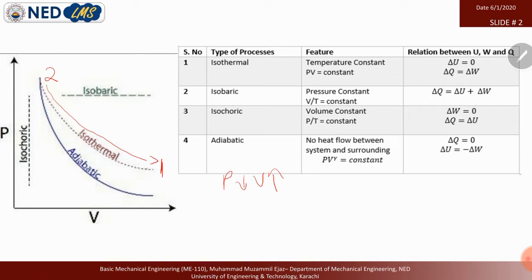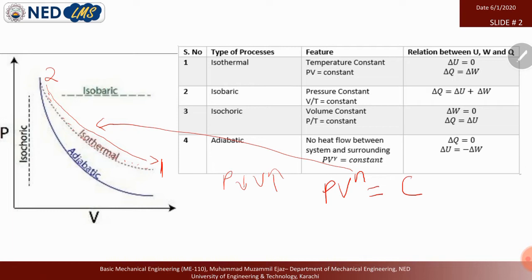And how do we identify these points? It is defined by n. We already studied the polytropic process equation, PV^n = C. So we have numerous paths with respect to n.